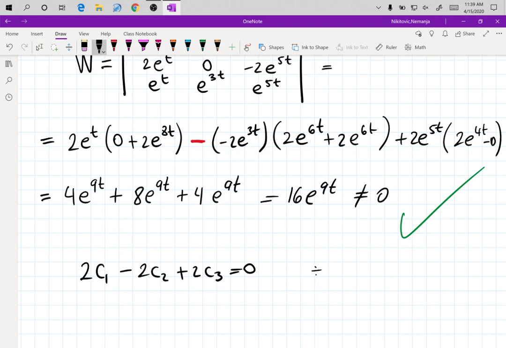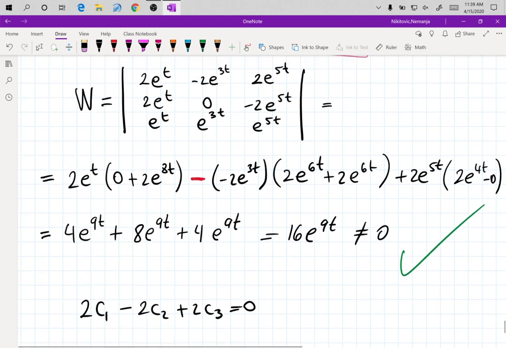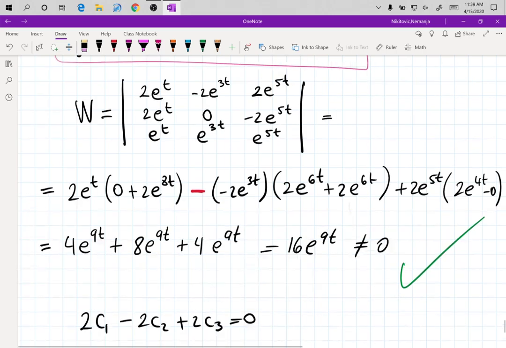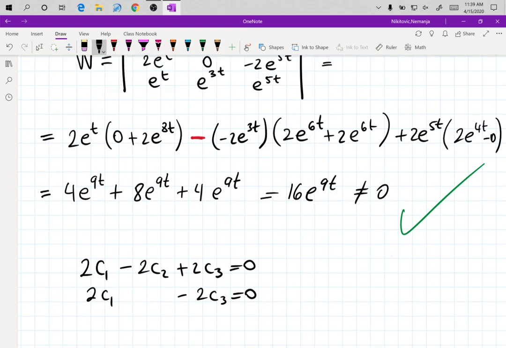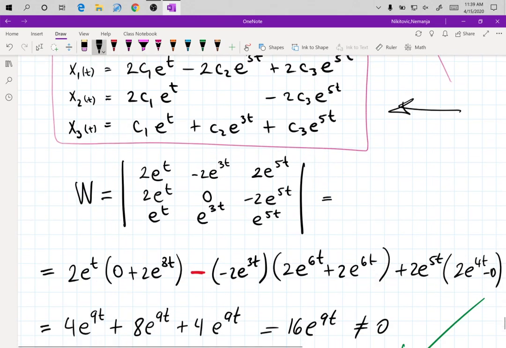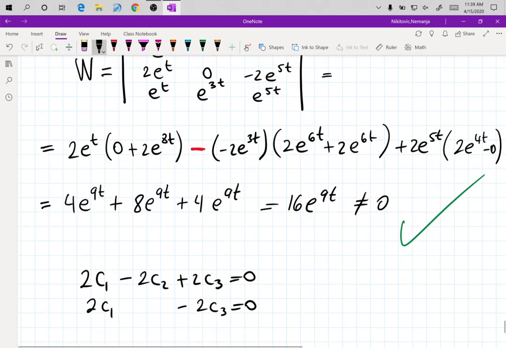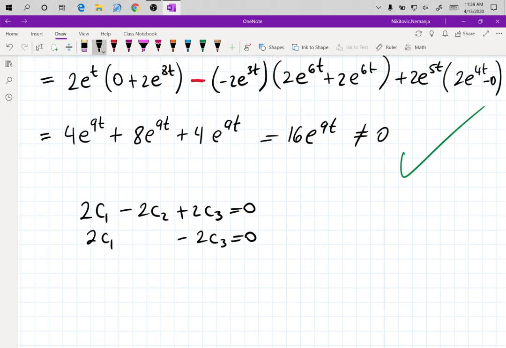This equation can be divided by 2 and just loses all of the 2's. Second equation is 2c1 plus 0 minus 2c3 equals 0. I think there was a minus there. Yep. And then C1 plus C2 plus C3 equals 4.